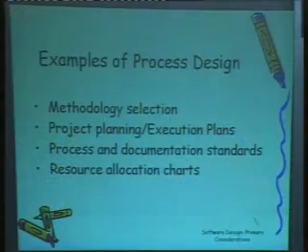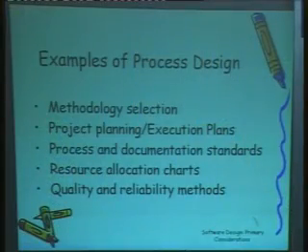Your resource allocation charts. When are you going to use your specific software engineer? Where are you going to deploy them? Where are they going to work? On which site? Which are the machines that you are going to keep aside for the development?